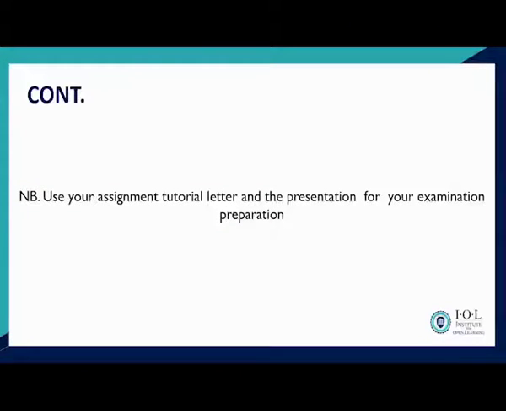Read your assignment question, understand your assignment question, and if there is something that you don't understand in your assignment, you can ask me, that I can also assist you. But the moment you understand your assignment questions, then you will not struggle much to answer your examinations questions.